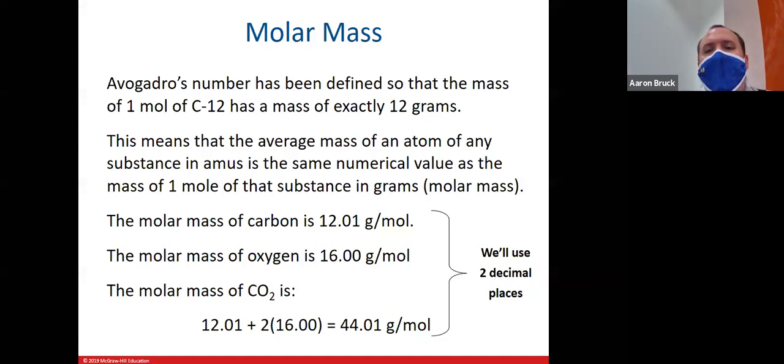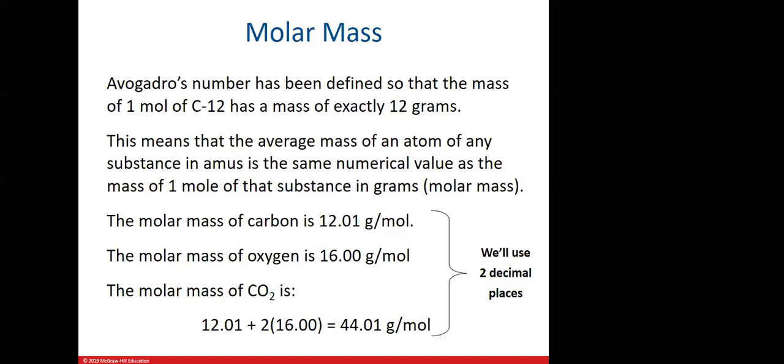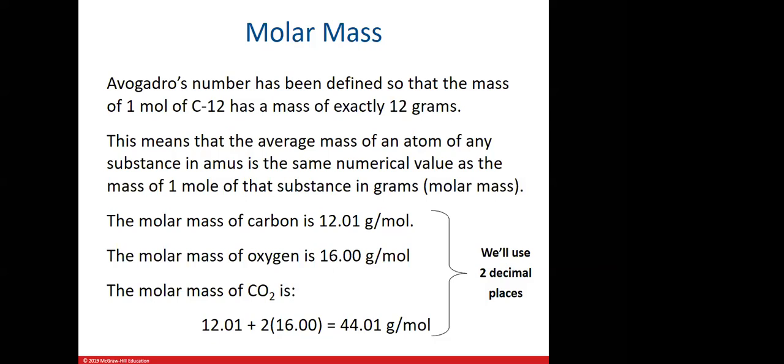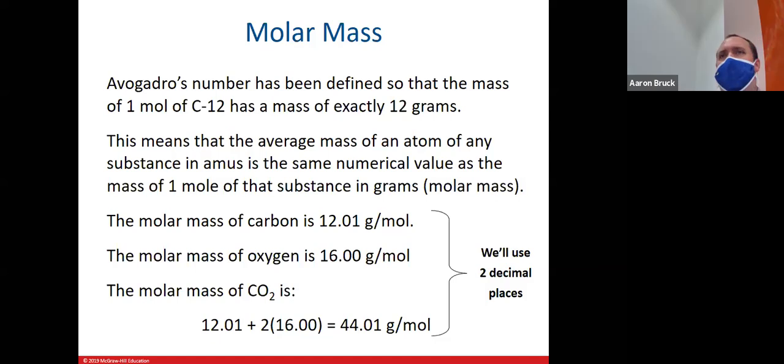And so not only can we calculate this for a given element, but we can actually combine them to give us the molar masses for compounds simply by adding together the periodic table masses for the elements that make up our substances.